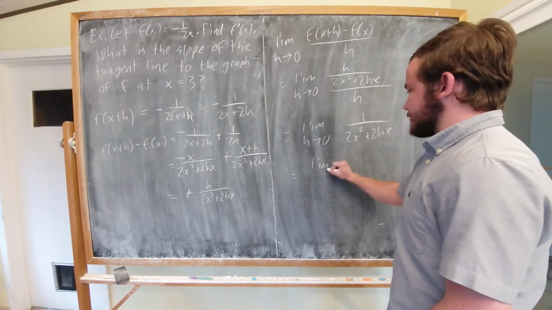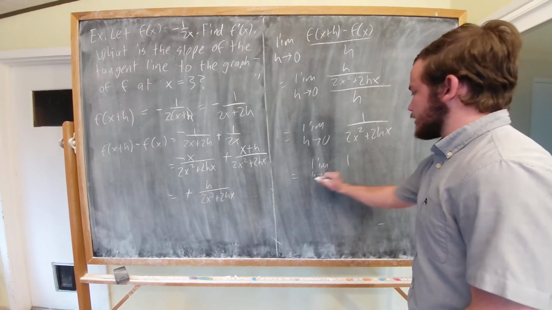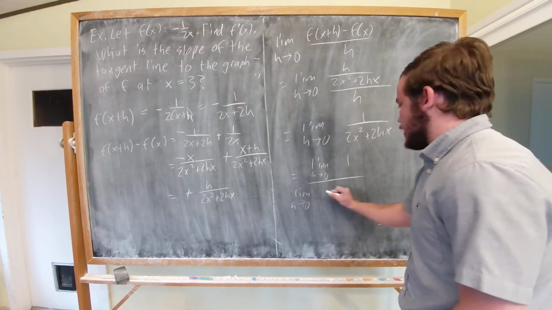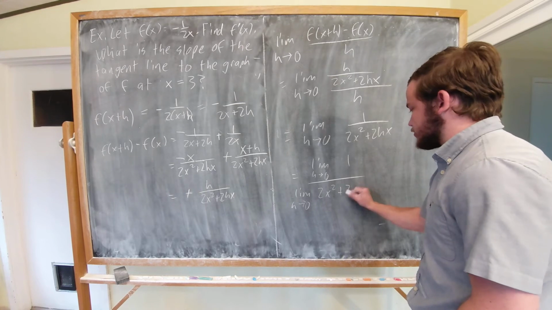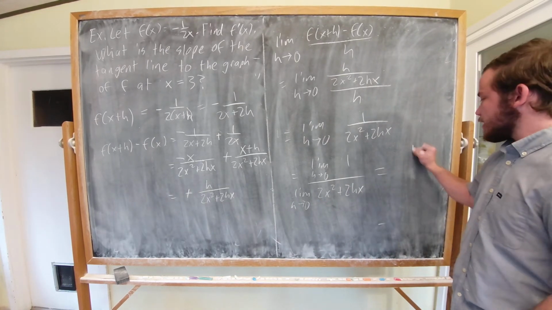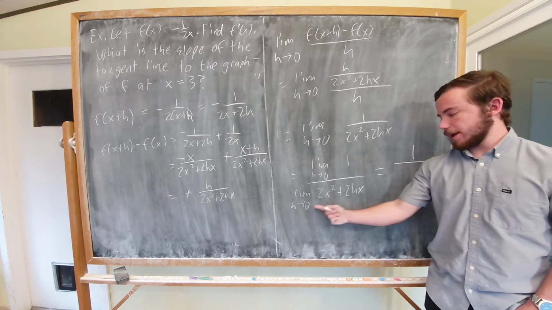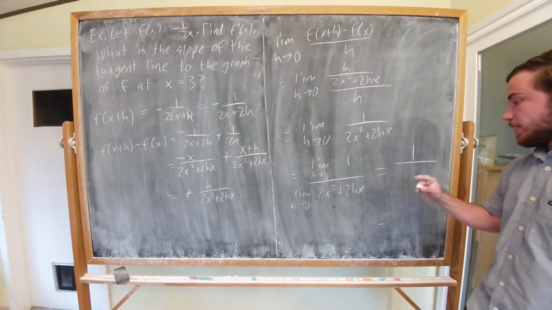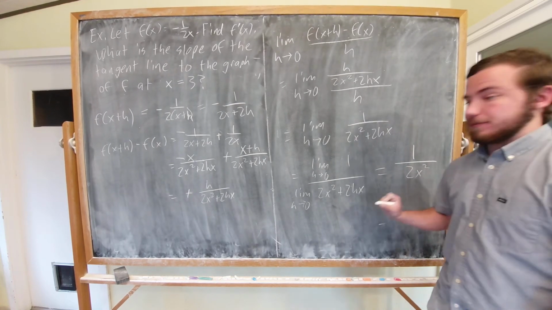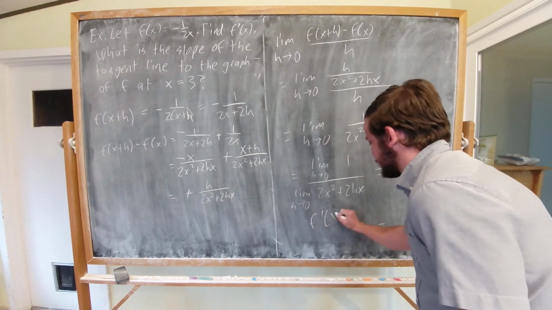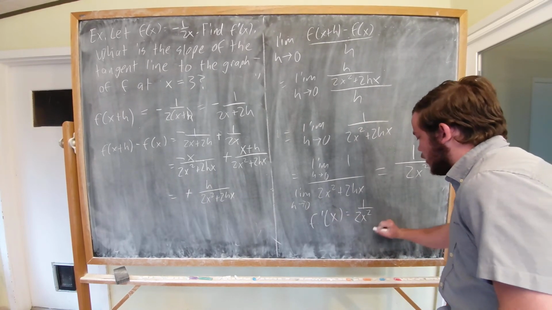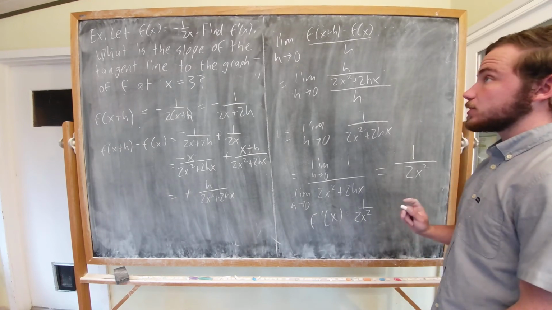Using our limit laws, this is the limit as h goes to 0 of 1 over the limit as h goes to 0 of 2x squared plus 2hx. You would use your limit laws, split that on the bottom. You get 1 divided by, okay, plugging in 0 for h, 2x squared. And that's our derivative. So f prime of x would be 1 over 2x squared.